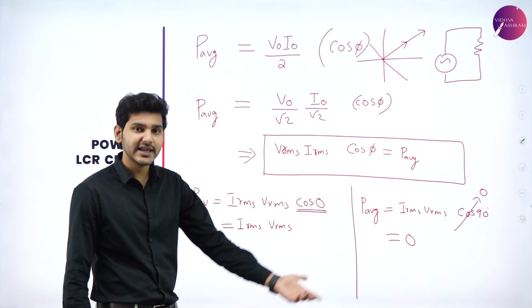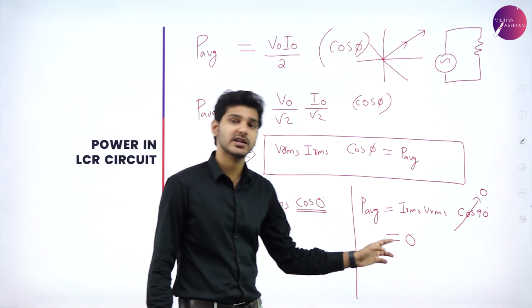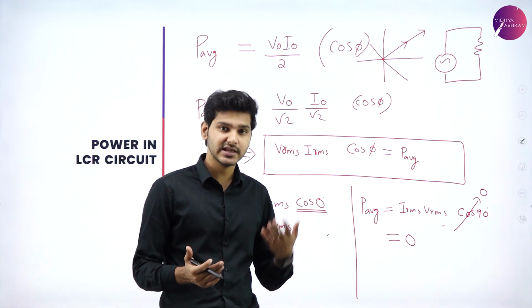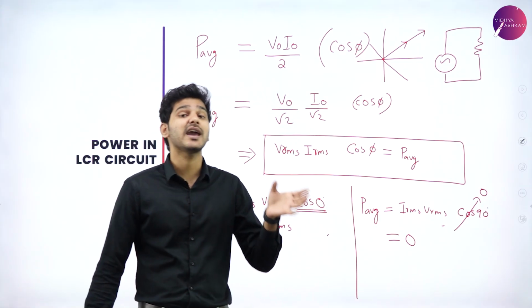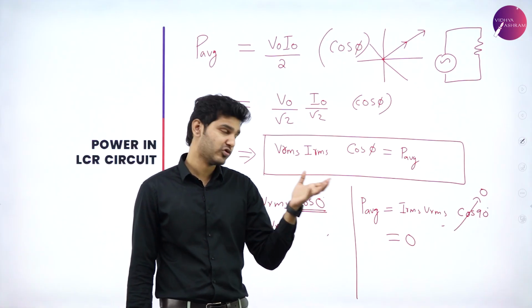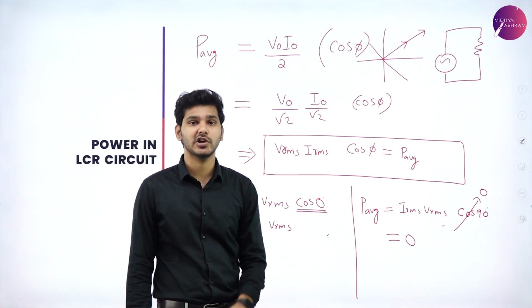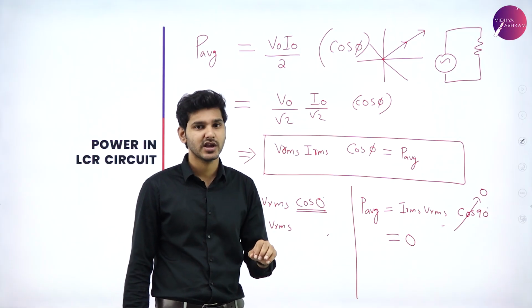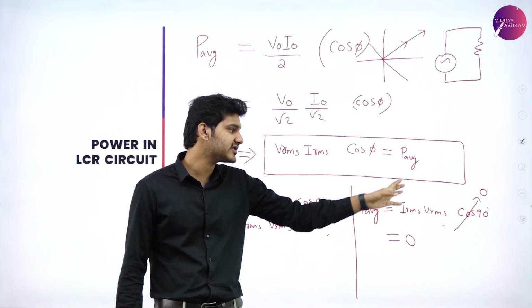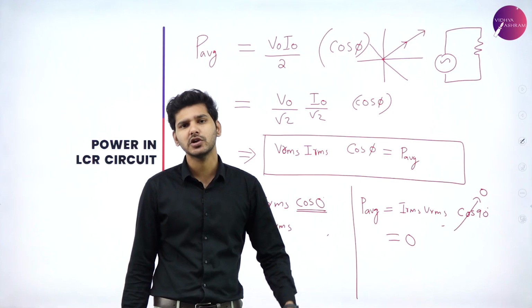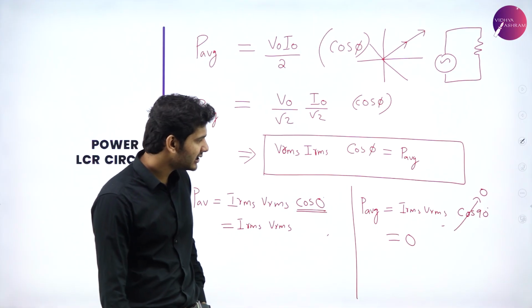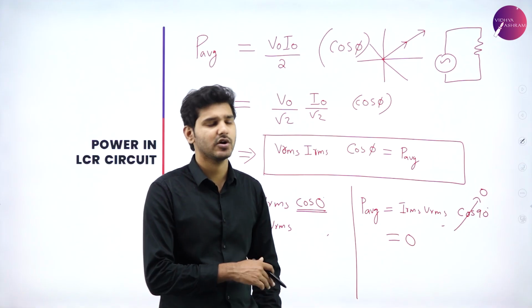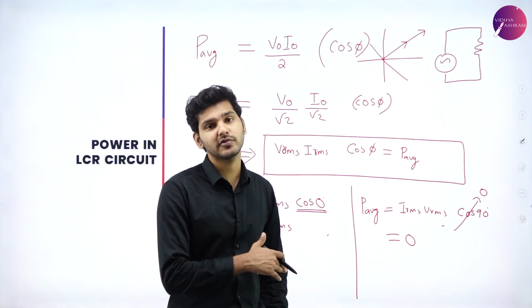That is why I said in the earlier classes that when we take the average value of certain circuits, for example an inductive circuit or a capacitive circuit, it will be 0, because the angle between current and voltage in that circuit is 90 degrees. Automatically, the average power output will be 0.